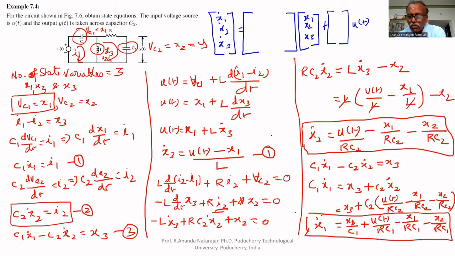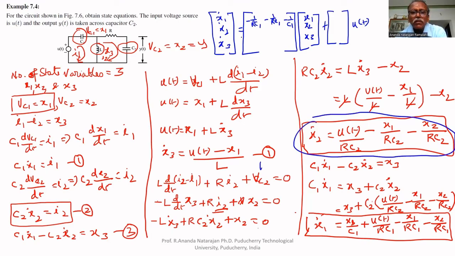The x1 dot equal to x3 by C1 minus x1 by RC1 minus x2 by RC1, and minus 1 by C1 for x3. That is the first row. Second row, from here we have to get the second row.